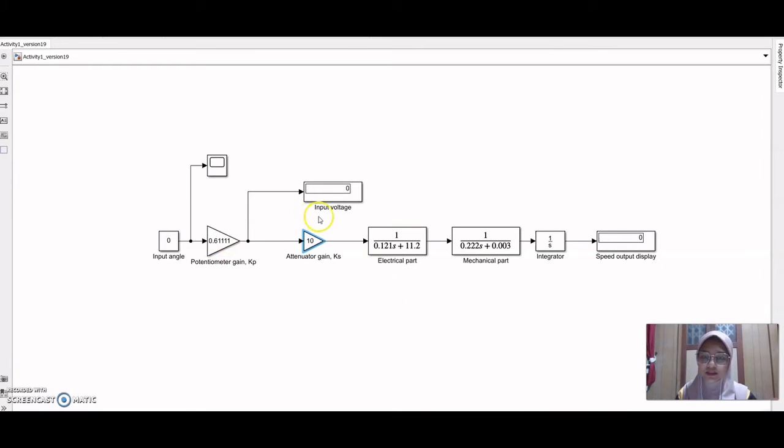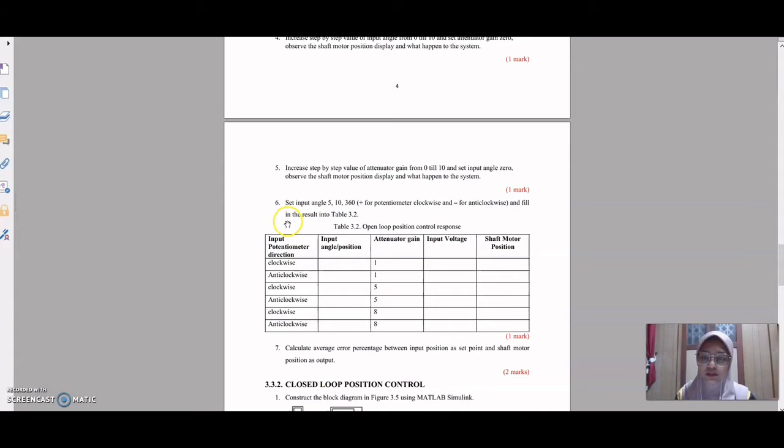So as we can see, the input voltage display shows the value 0, and also the speed output display shows the value 0. So this happened because the input is 0, so there will be no output.